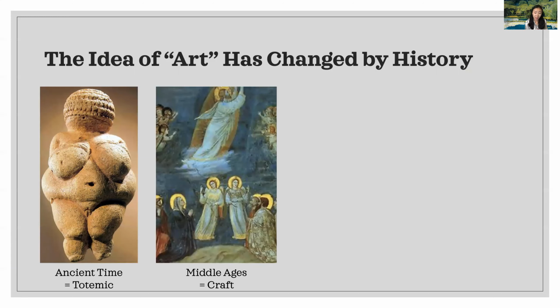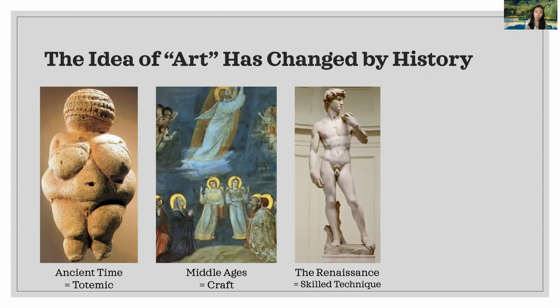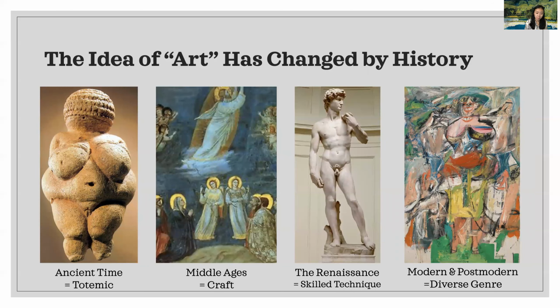And in the Middle Ages, art is craft. Also, in the Renaissance, art is painting, sculpture, and architecture with skilled technique. Lastly, in modern and postmodern times, art means diverse genres.